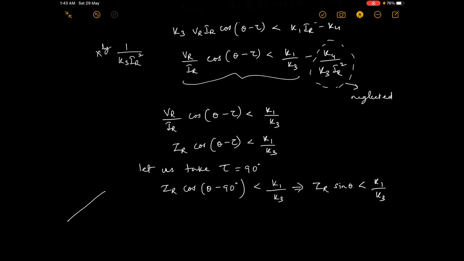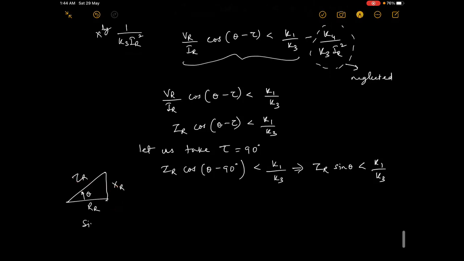Now this represents an impedance triangle, correct? This represents ZR, which is RR plus JXR. This is the angle theta. So this is the impedance of the line. Now what is sin theta from this diagram?